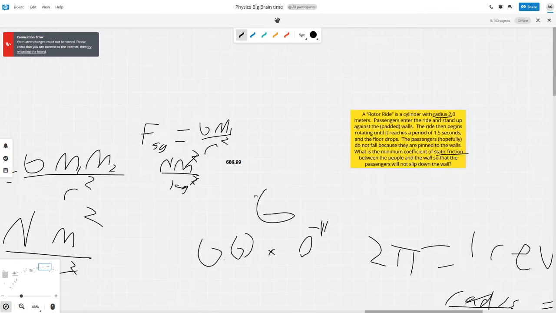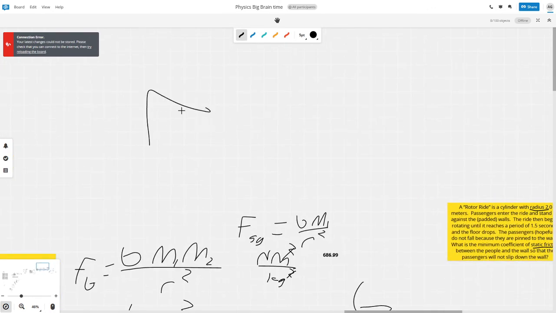Let me just rewrite it real quick because that would make it easier. It's F equals K Q1 over R squared. So if you're given an electric field strength, it's this.